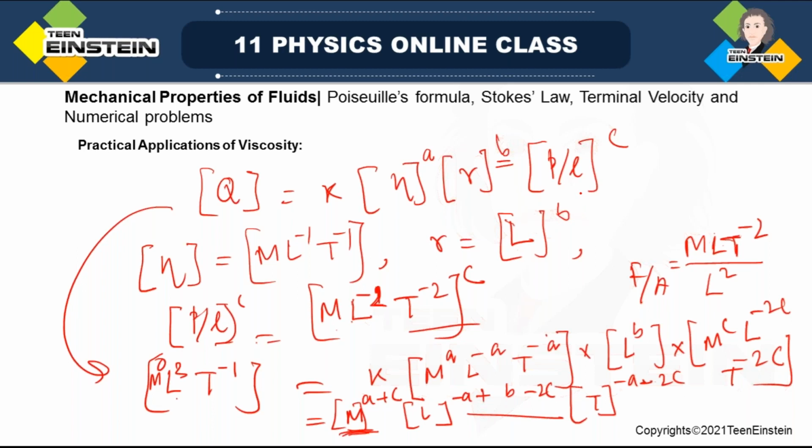Now, a is equal to minus 1 and c is equal to 1.